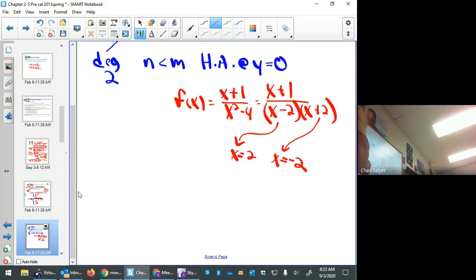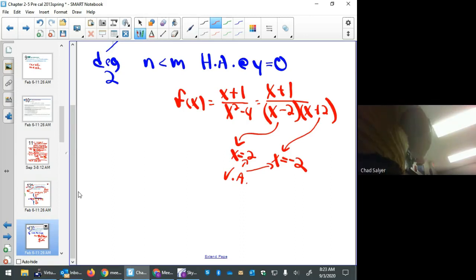Both those values will make the denominator 0. Neither of these are shared with the numerator, and so they are both vertical asymptotes. So I have a horizontal asymptote at y equals 0, 2 vertical asymptotes at x equals 2 and x equals -2. We were just writing vertical asymptote.